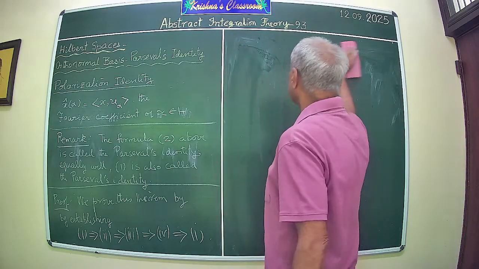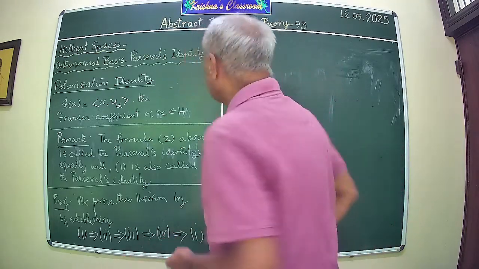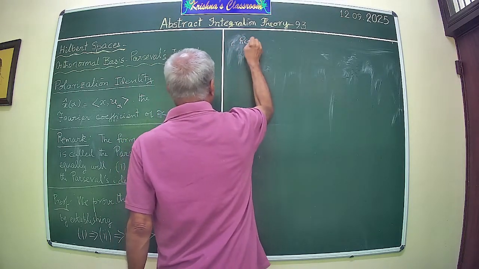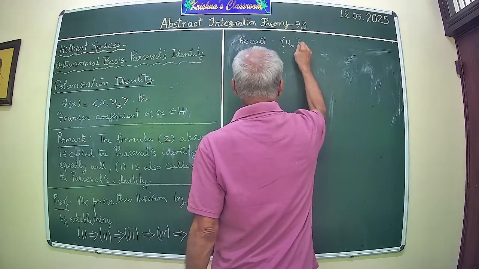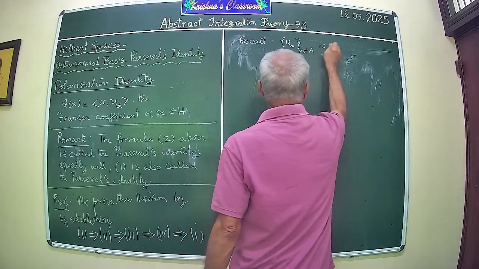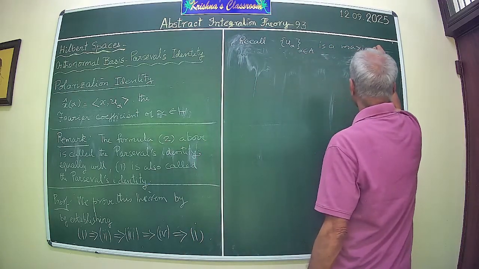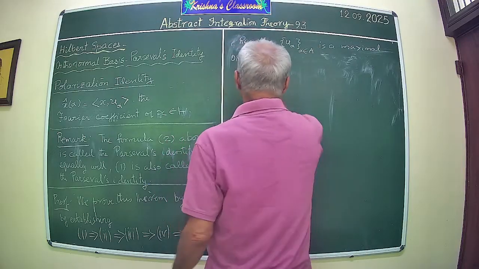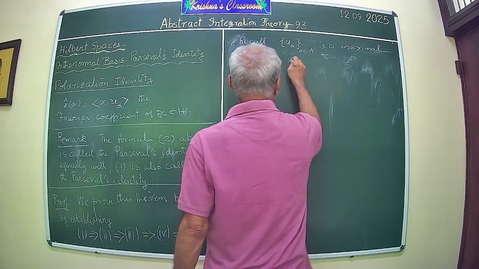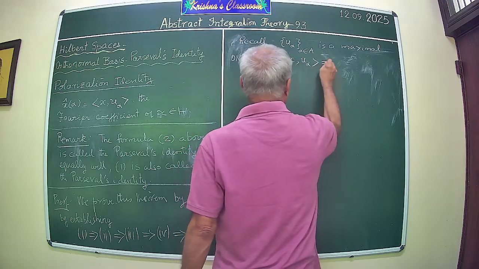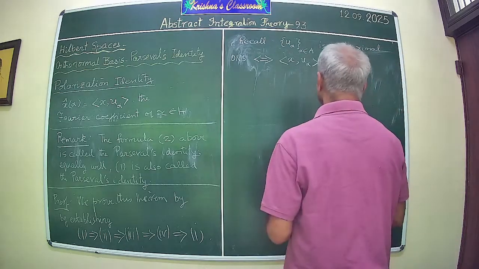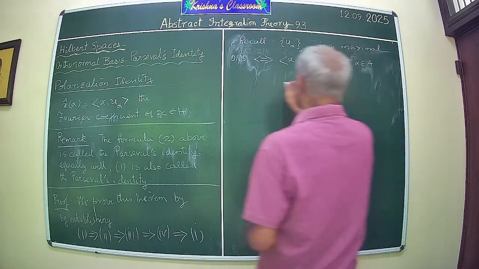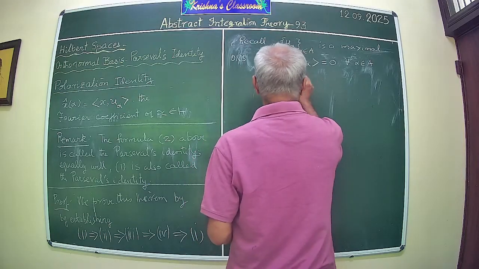U alpha is maximal means any x which is orthogonal to U alpha, that is, the inner product of x with U alpha equal to 0, implies x equal to 0.